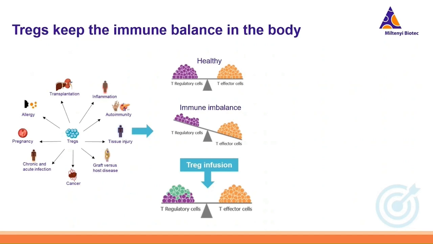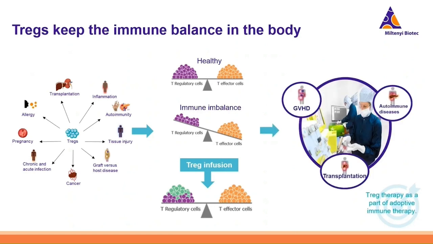However, there are situations during a disease when this gets into some imbalance. And for example, here it could help if the Treg compartment is replenished with a Treg infusion to again restore this balance. Therefore, Tregs are an attractive tool, and they are already used for graft versus host disease, autoimmune diseases, and also in transplantation.